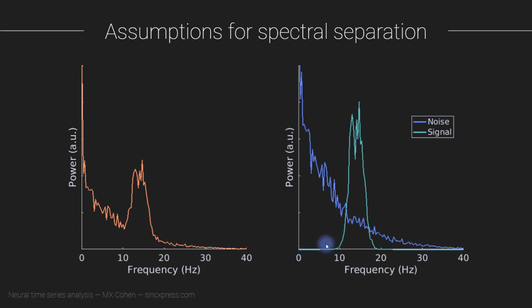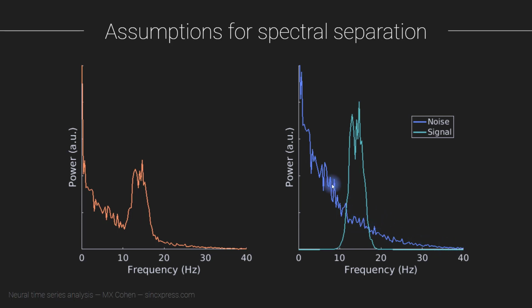So notice the signal has zero energy at all frequencies except for this range from 10 to like 18 hertz or so, where it has a lot of energy. And then we have the noise, which has positive energy everywhere, and it has this kind of downward slope thing that's called 1 over f. So the energy is decreasing with increasing frequency.